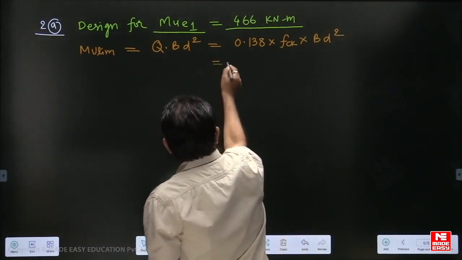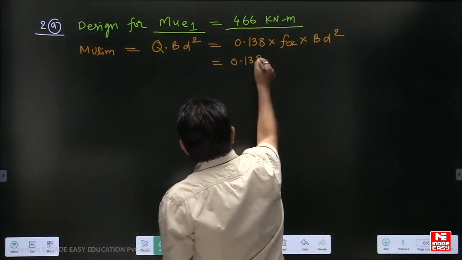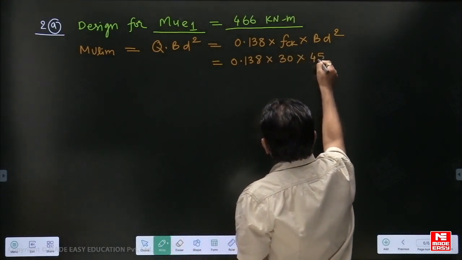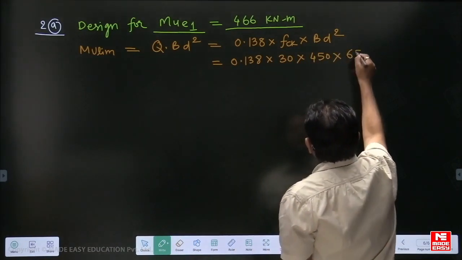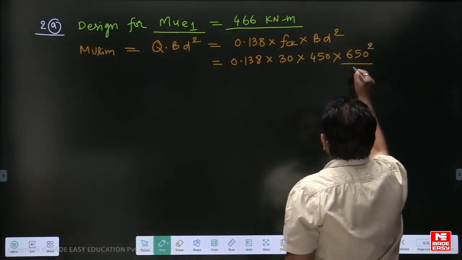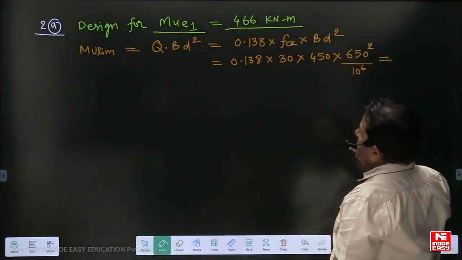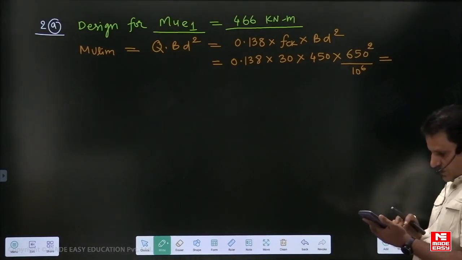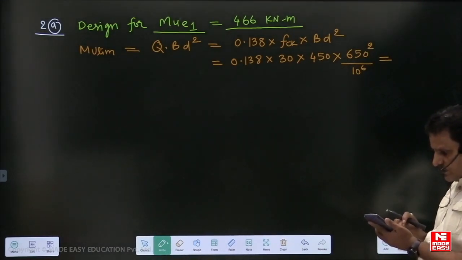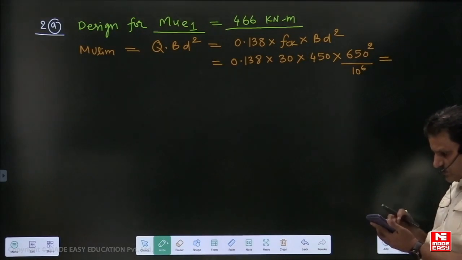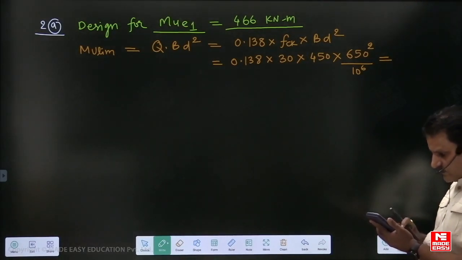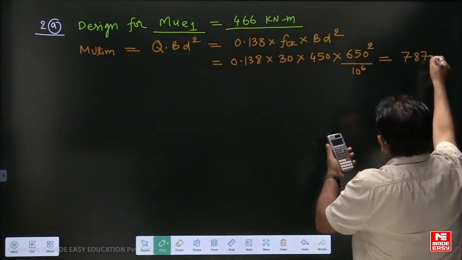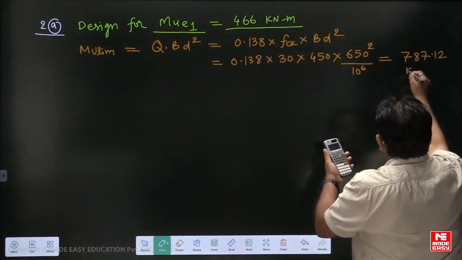So calculate it: 0.138 into fck which is 30, into B which is 450, and D which is 650 square, divided by 10 to the power 6. You will get the moment of resistance of the limiting section as singly reinforced. Say I am getting this value 787.12 kilonewton meter.